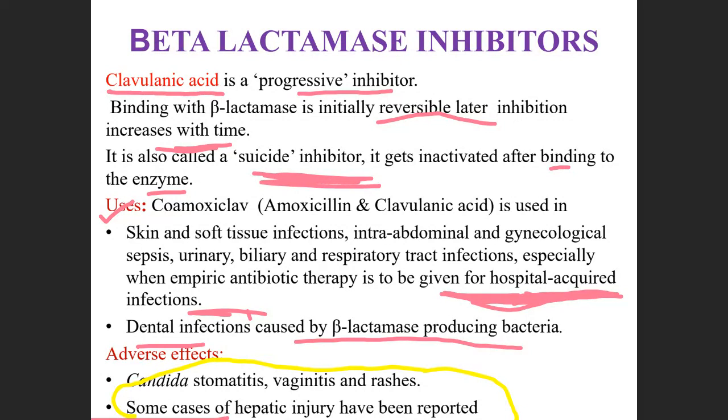That's why candida, stomatitis, vaginitis, and rashes may develop. In some cases hepatic injury has also been reported, but it is very rare. But the first one, the formation of fungal infection, is the most common symptom of this combination of amoxicillin and clavulanic acid.